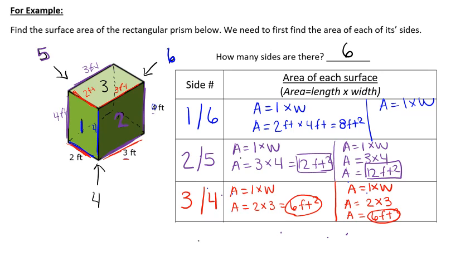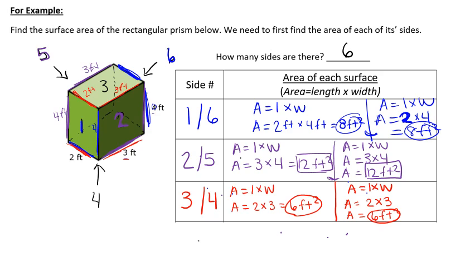So area equals 2 feet here, 4 feet here. So 2 times 4 equals 8 feet squared. And again, they are the same. So notice I found the area of all 6 sides, but each of them had a side that they were corresponding to, that they're the same.